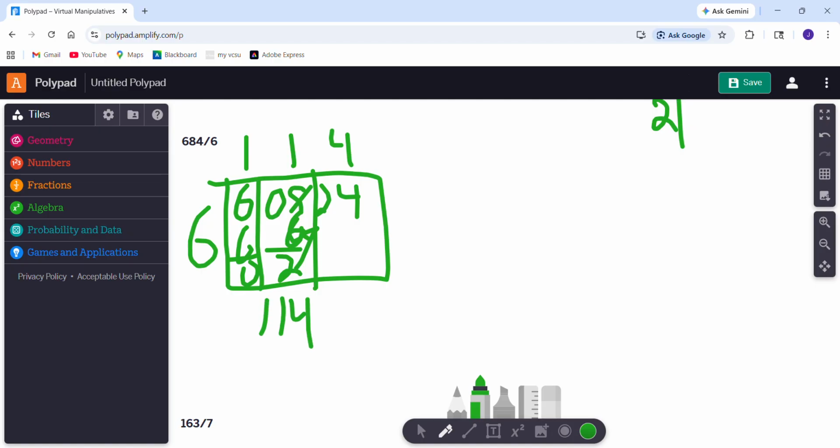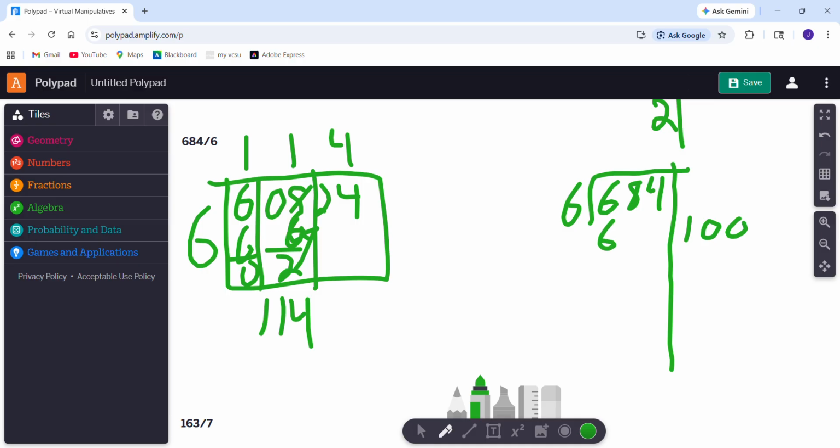Using the partial quotients method, you can go 684 divided by 6. And then we know that 6 times 100 is going to equal 600, right? Which gives us 84.